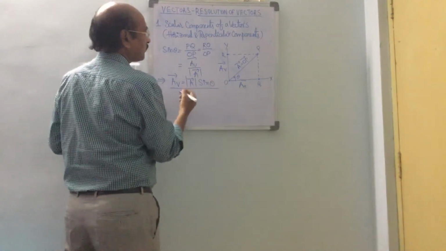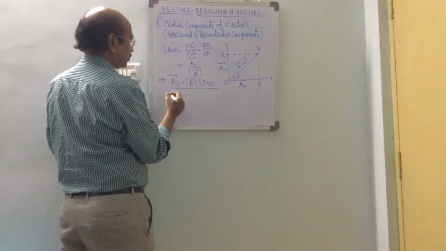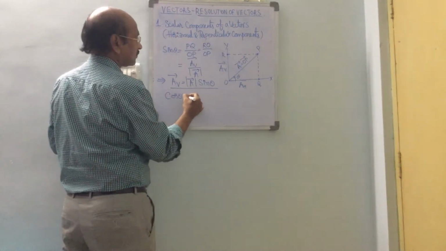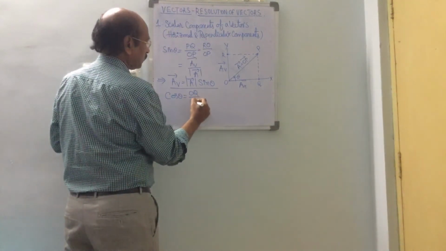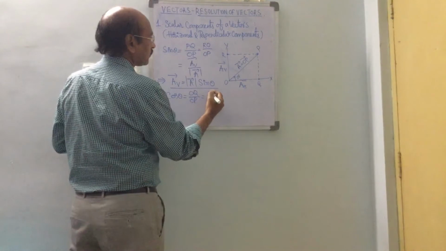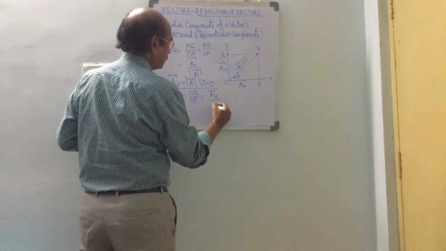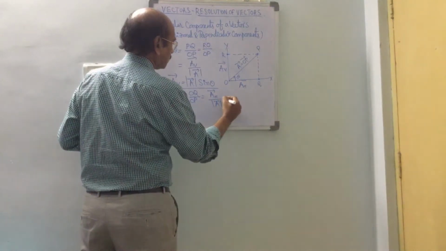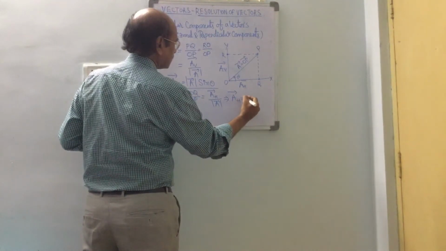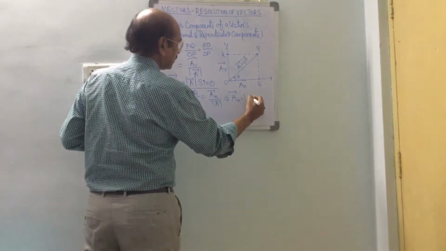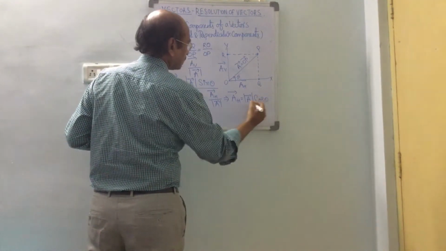Similarly, in the triangle OPQ, cos theta is equal to OQ by OP, that is A bar H by modulus of A bar. From this, horizontal component is equal to modulus of A bar into cos theta.